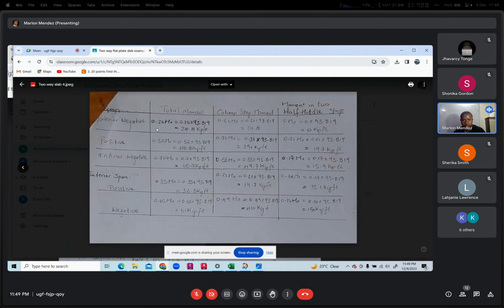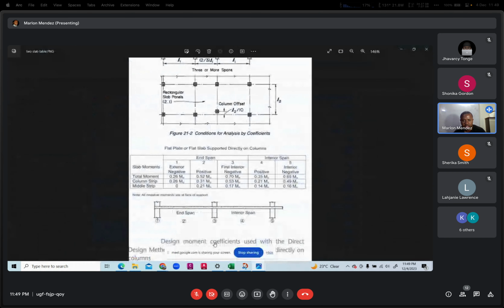So we have the exterior negative. Where's the exterior negative? It is here, and that's why we have the 0.26.